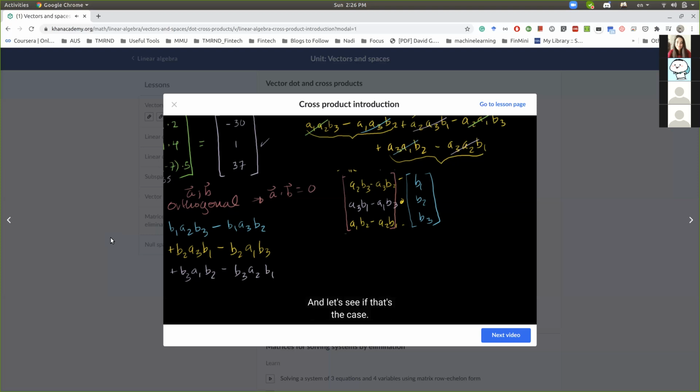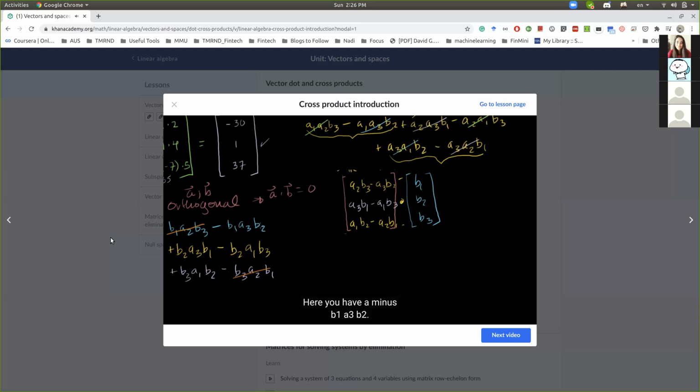And let's see if that's the case. We have a B1, A2, B3. So B1, A2, B3, that's a positive one. And then this is a negative one. You have a B3, an A2, and a B1. So that and that cancel out. Here you have a minus B1, A3, B2.